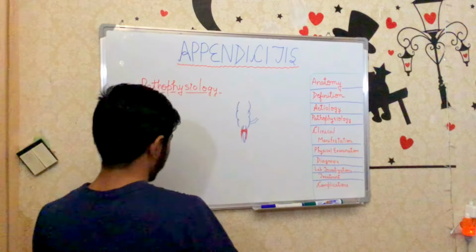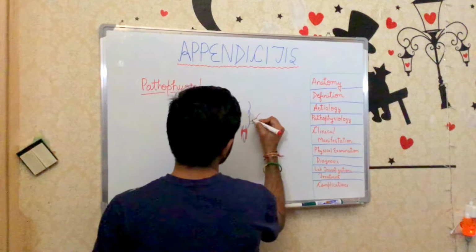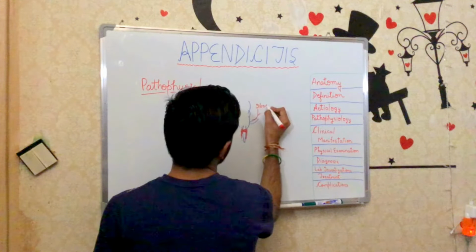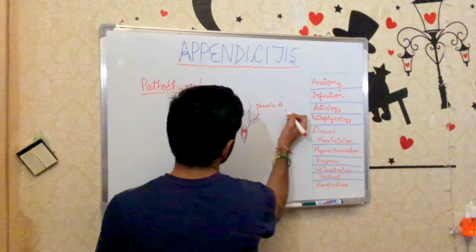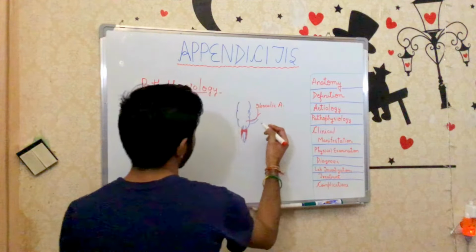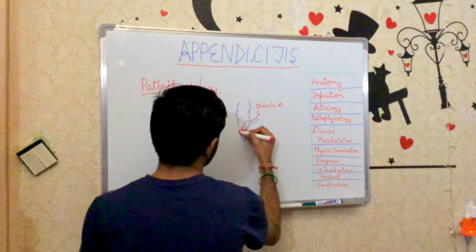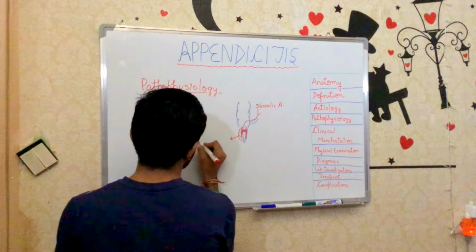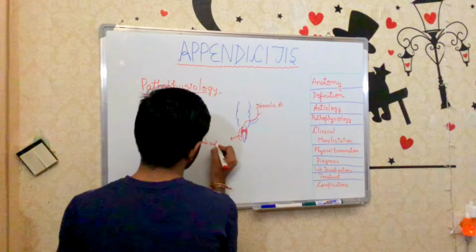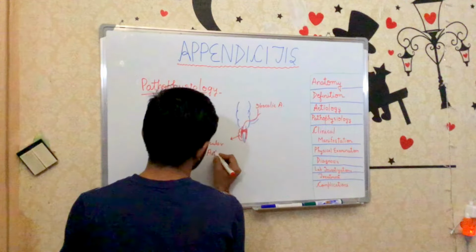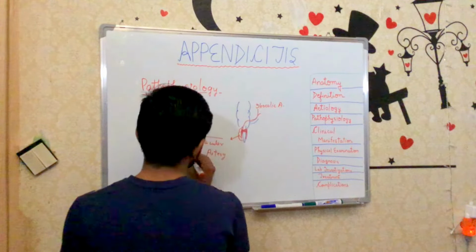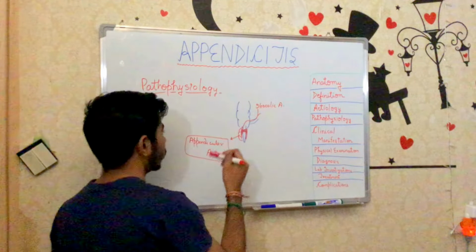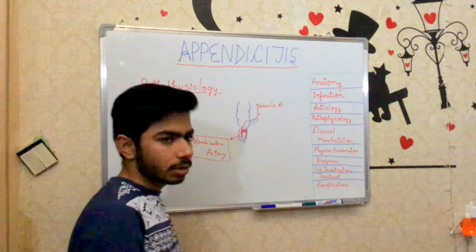Okay, so here, this is the ileocolic artery, and here in the continuation of the ileocolic artery, we have the appendicular artery. So this is the vascularization of the appendix. The appendicular artery gives the blood vessels to the appendix.